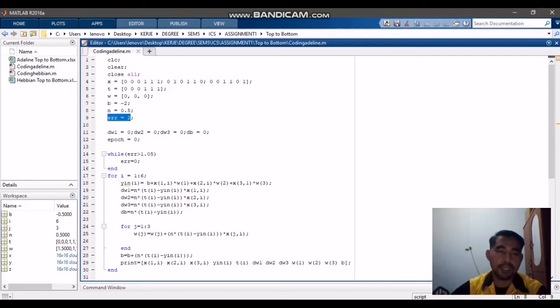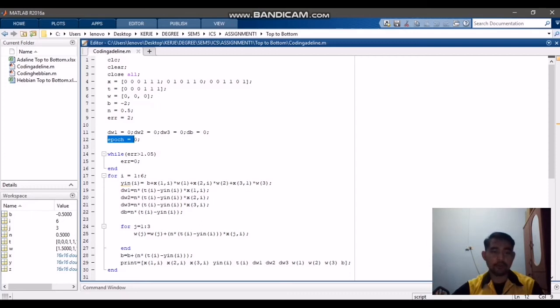we have to put the ERR equal to 2, then DW1 equal to 0, DW2 equal to 0, and DW3 equal to 0. Next, DB equal to 0 and epoch equal to 0.